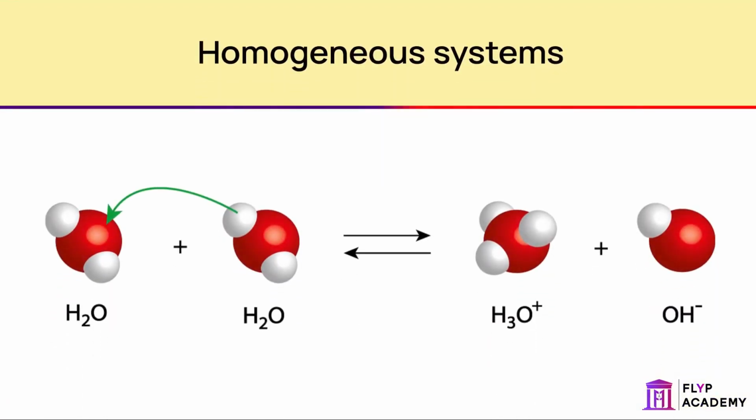Now we will describe chemical equilibria with a new quantity called the equilibrium constant, Kc. We will concentrate on homogeneous systems. These are systems where all the substances involved are in the same phase and no phase boundaries are involved.